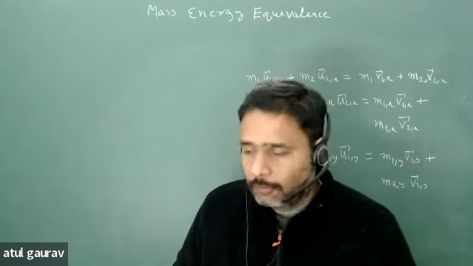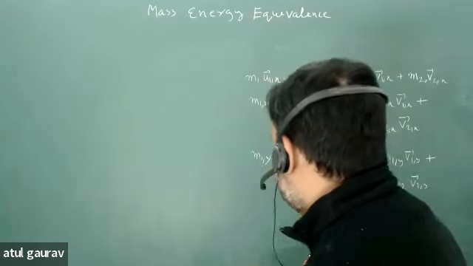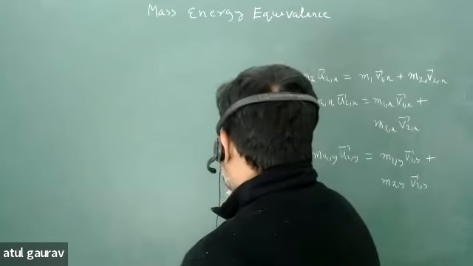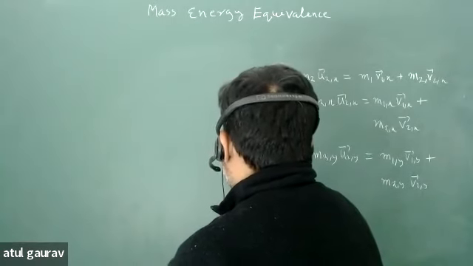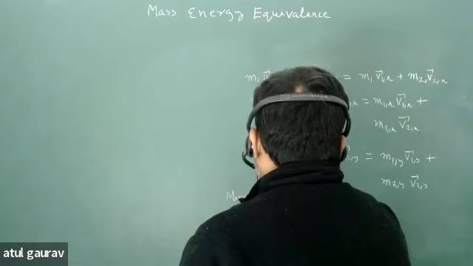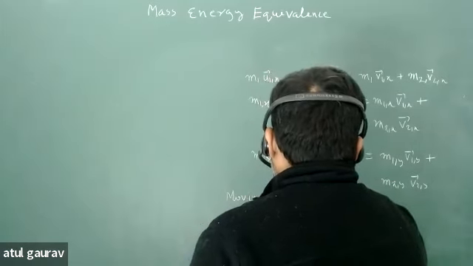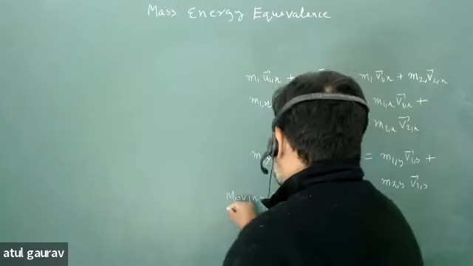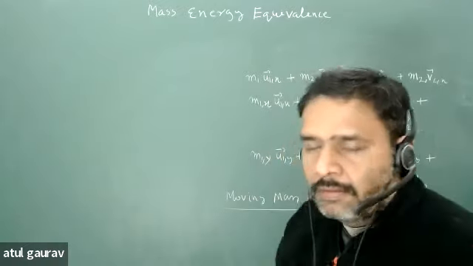Heavier. So this is the final statement for the relativistic mass, that moving mass appears heavier. Moving mass appears heavier, isn't it?